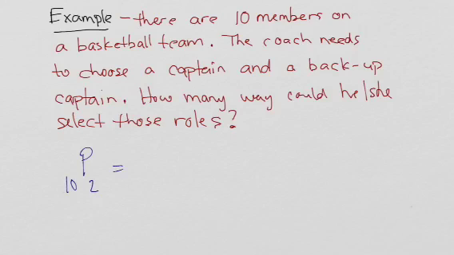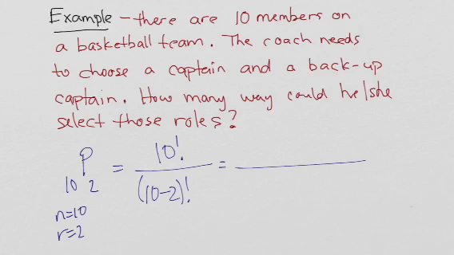So my n is 10, my r is 2. My formula says n factorial over n minus r factorial. So in the numerator, we're going to count from 10 all the way down to 1: 10 times 9 times 8 times 7 times 6 times 5 times 4 times 3 times 2 times 1.